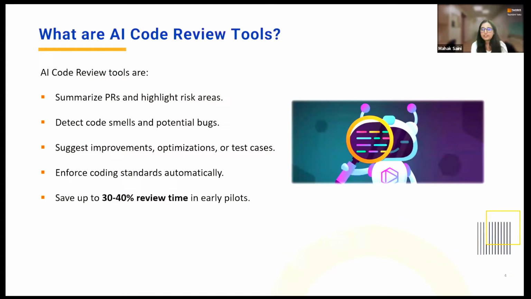Exactly. These static analysis tools are a bit like a strict teacher. They have to follow certain rules, and the developers can sneak through, as you mentioned, by writing messier code. But AI review tools are basically mentors. They try to understand the context or the intent of the developer, and then they guide with contextual feedback.